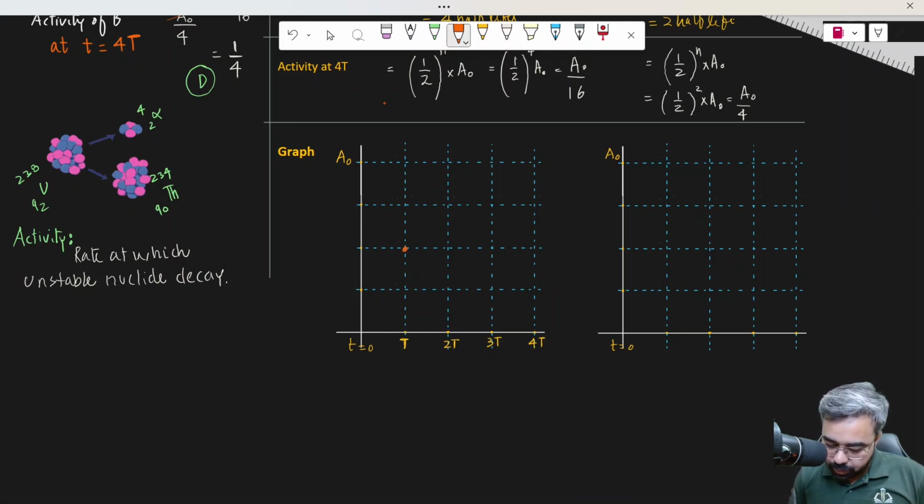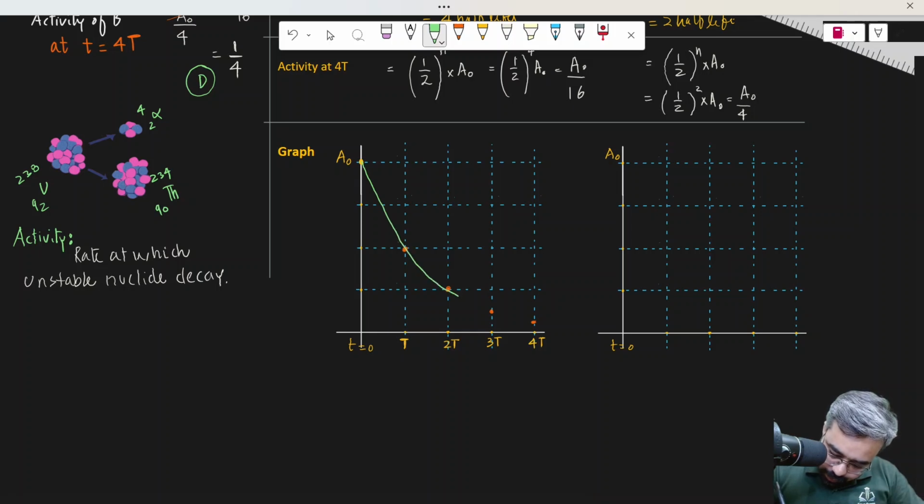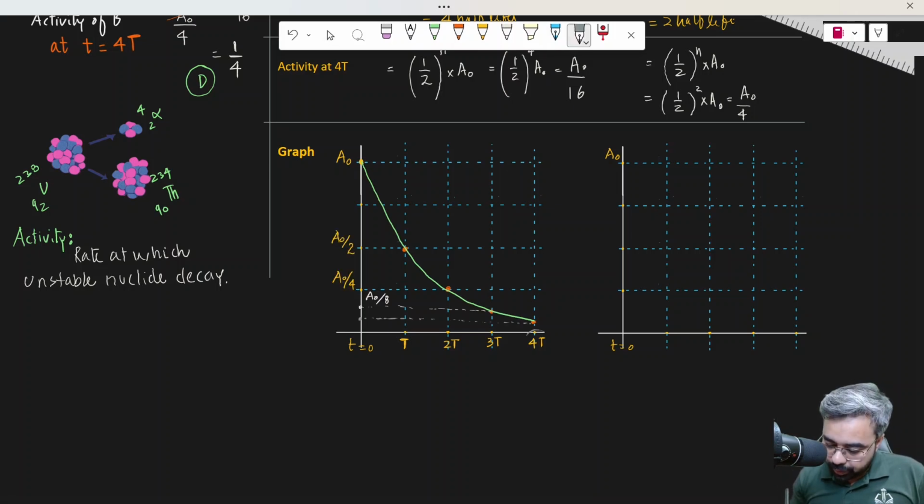After the time 2T, it should be further halved, then after 3T further halved, and then at 4T it should be here. If I join all of them, you see this is a curve, and right at 4T, look at this amount. Is it not A0 over 16?